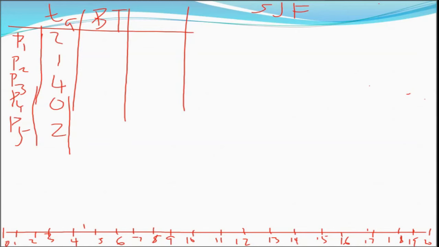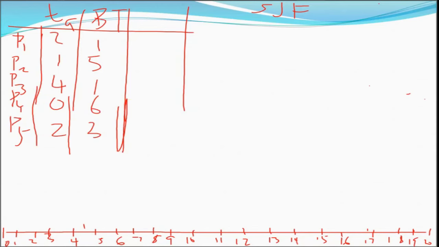Shortest job first takes the one with the shortest burst time to do the scheduling, to execute. You understand? Okay. So the burst time is 1. These two values are important parameters for the shortest job first. When it is doing the execution, it just takes the one with the shortest burst time, right? Okay.